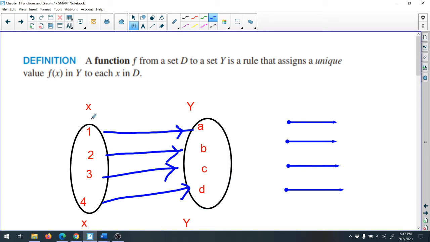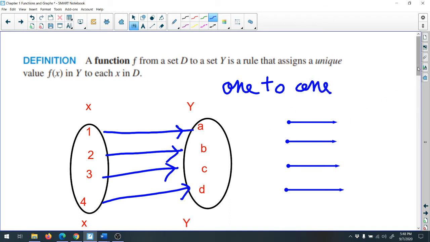So 1 has a unique value, 2, 3, 4 each has a unique value. And the same here with the outputs. Every member of Y has a unique value. So unique input, and this is a one-to-one function.